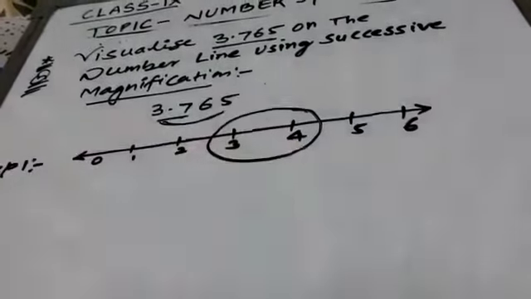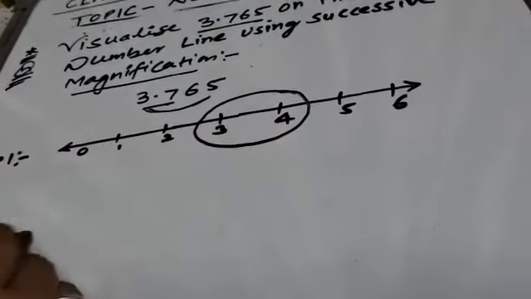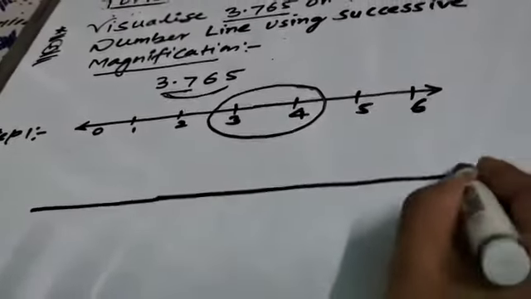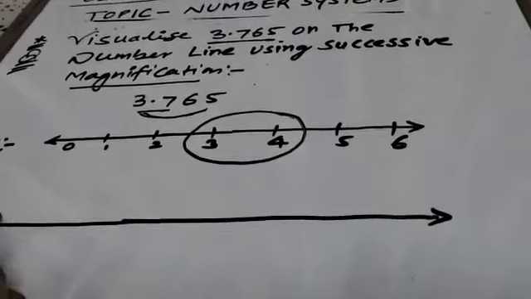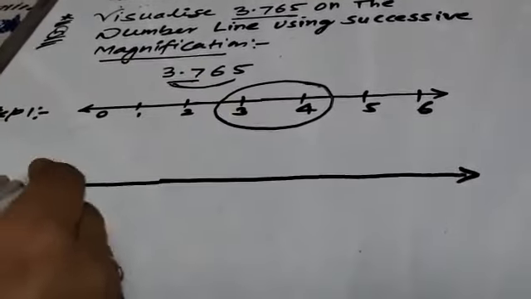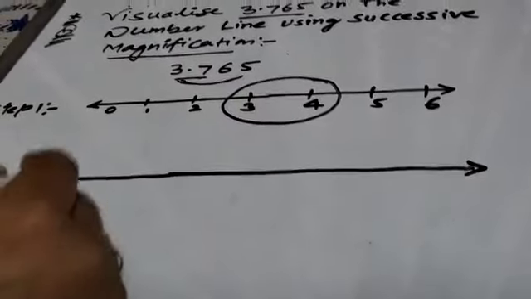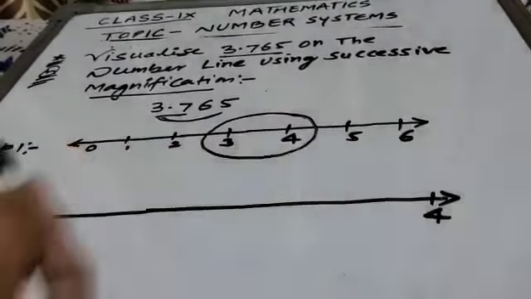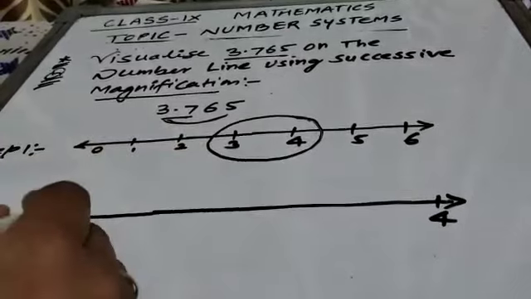It means now you will locate 3 and 4 again, and divide the line into 10 equal parts.